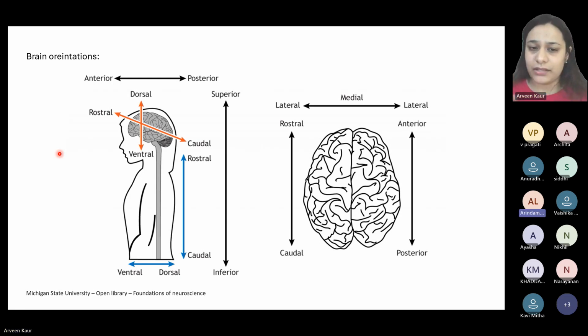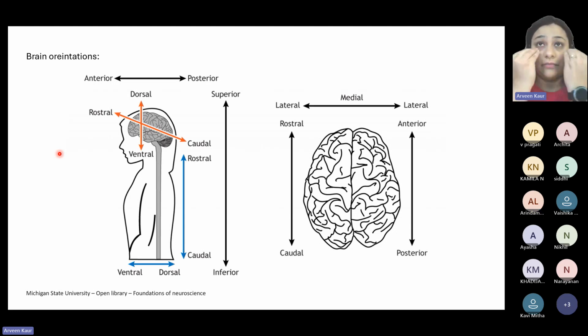So naturally, for us, the back side is dorsal, right? From the skull till the back, the entire thing is dorsal, right? So it starts at the top of the skull, while the inner side is the ventral side. So the brain has some region present just above my eyes over here also, right? That part is the ventral part. Okay. So that is dorsal and ventral.